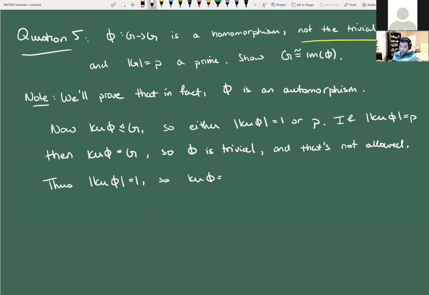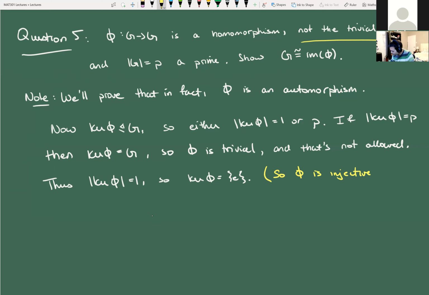So the kernel of phi is just trivial, just the identity. What does that mean about phi itself? Right, it's injective. Now, we actually don't need that for proving this question, but for proving it's an automorphism, we do. So the kernel of phi is trivial, and phi is injective.